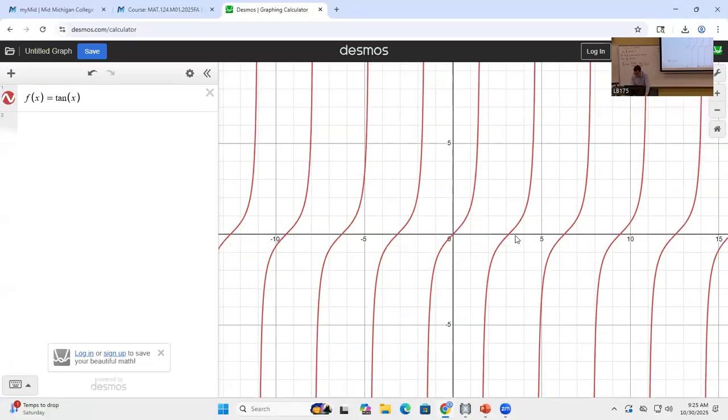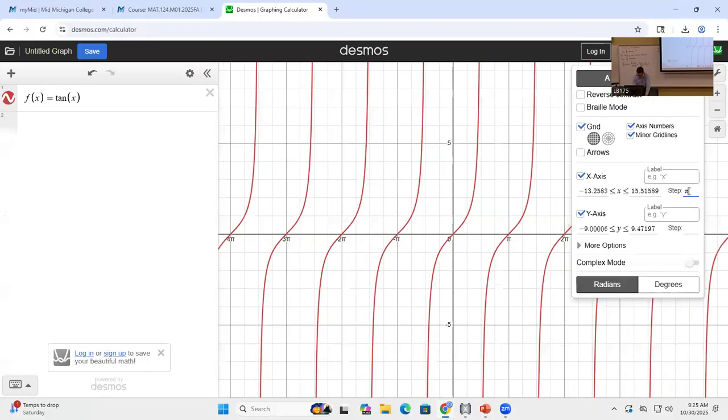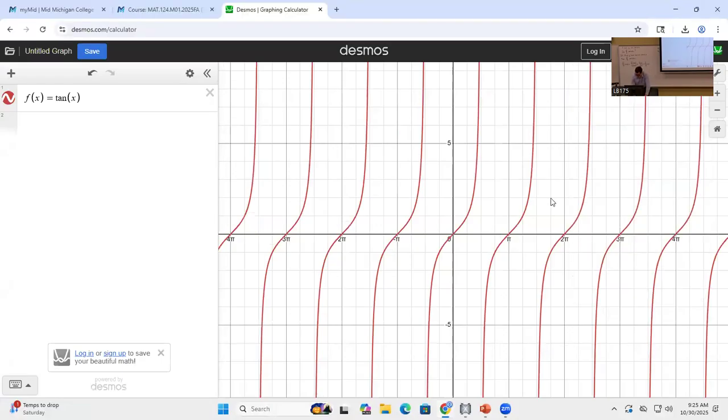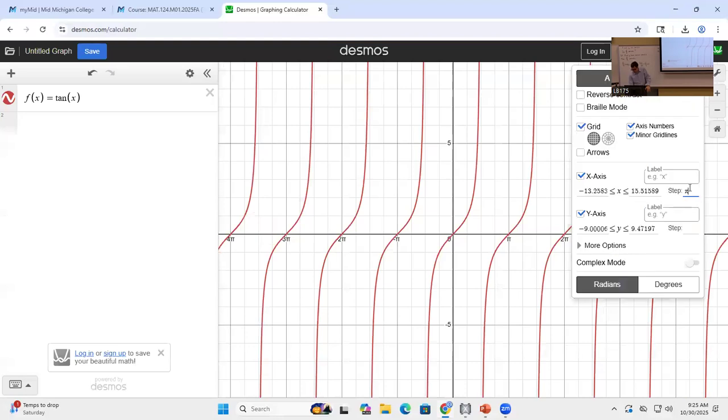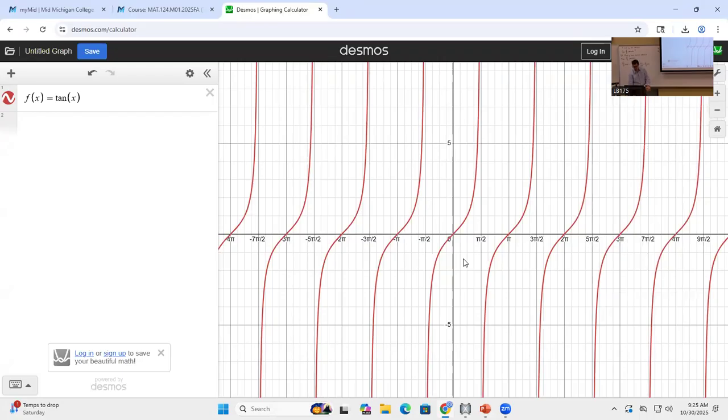So there it is. Let me see if I can do step by pi. Okay, I'm going to step by pi so we can see this. Actually, step by pi over 2. There we go.